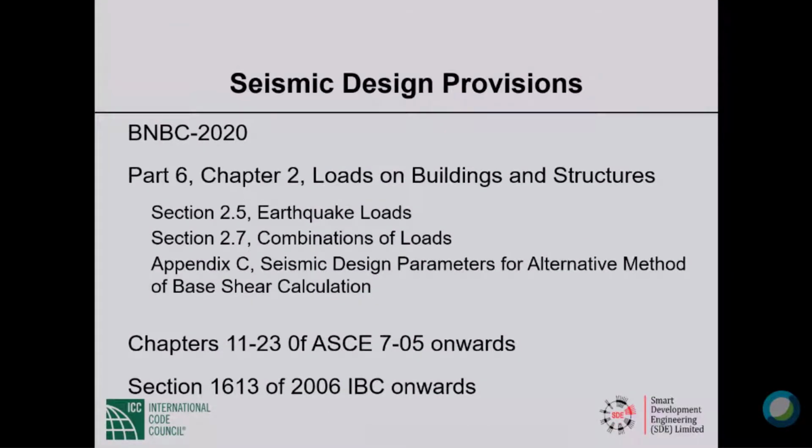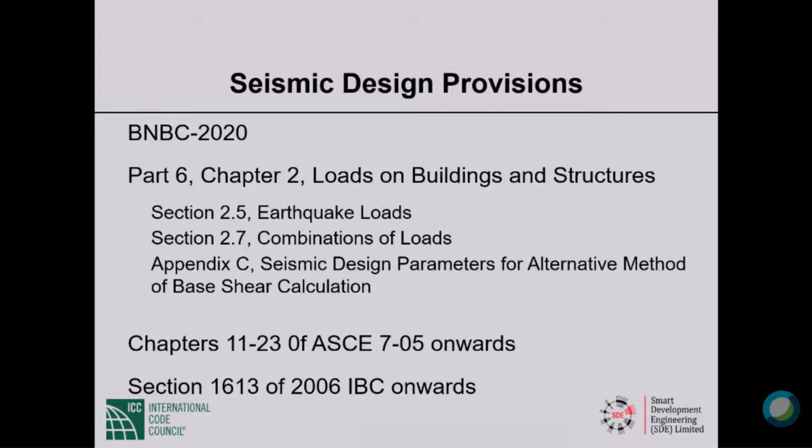So the seismic design provisions of BNBC 2020, which is the focus of our discussion today, are in Part 6, Chapter 2. The title is Loads on Buildings and Structures. In that chapter, Section 2.5 is on earthquake loads. Section 2.7 on combinations of loads plays a major part, and I discussed it the other day.